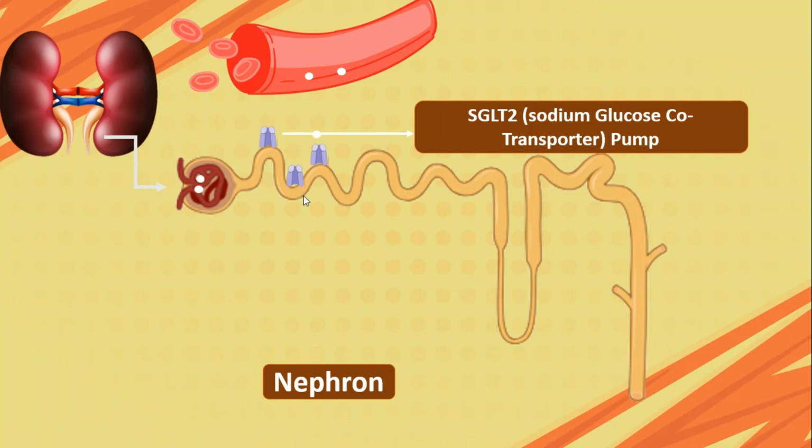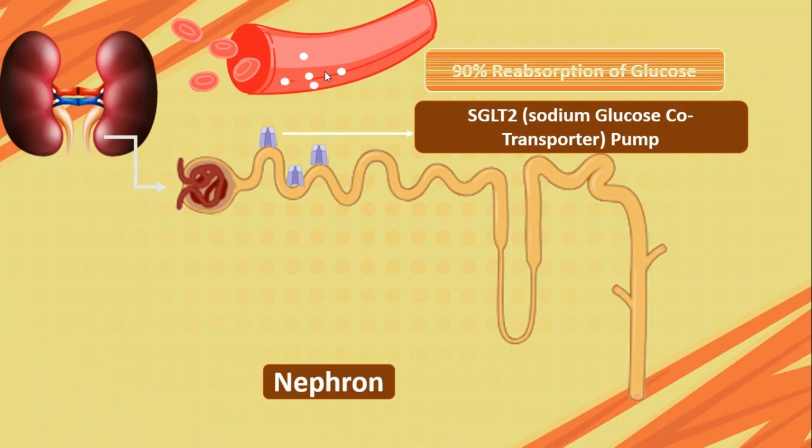Glucose travels through the length of the nephron, and with the help of this pump, it goes back into the blood. So this is how SGLT2 pumps are responsible for taking the glucose back into the blood vessels. 90% reabsorption of glucose takes place through the SGLT2 pump, while only 10% takes place through the SGLT1 pump.